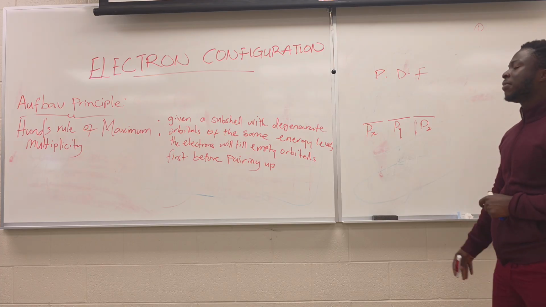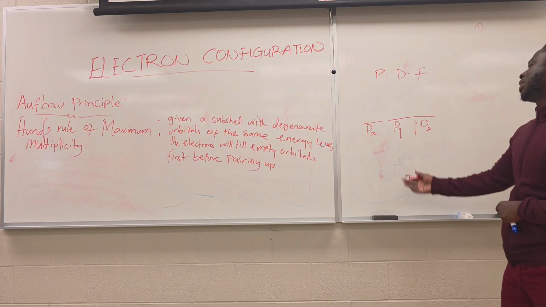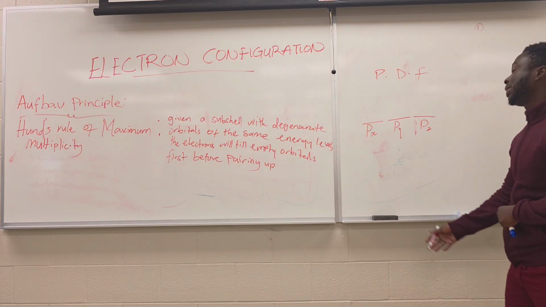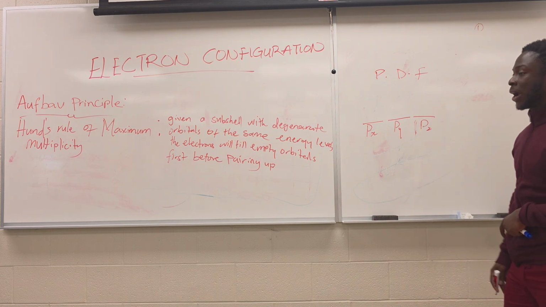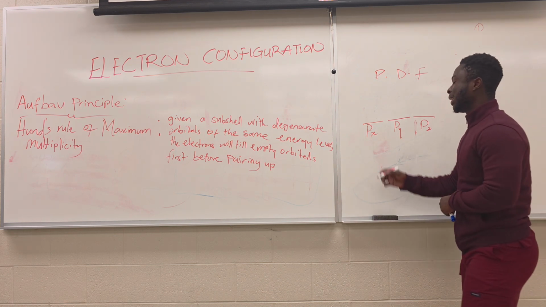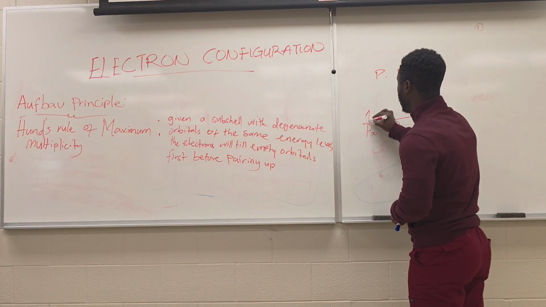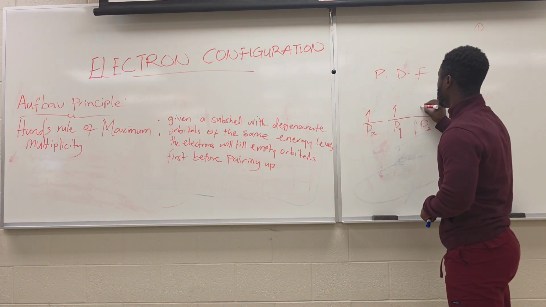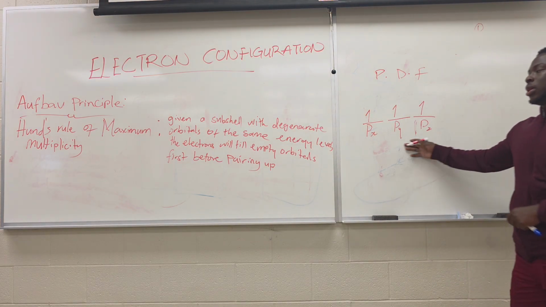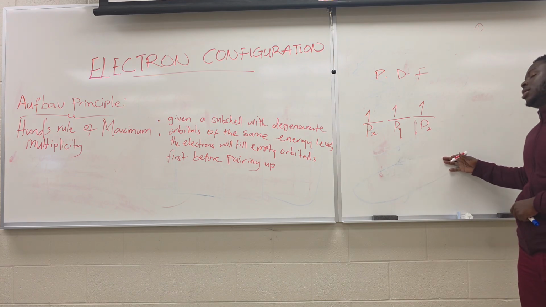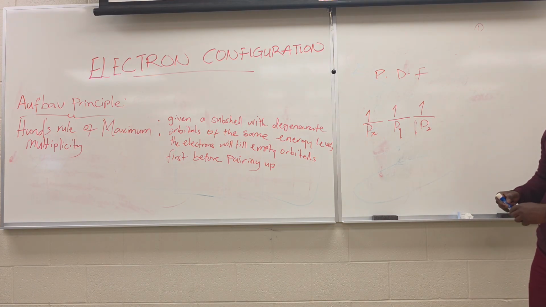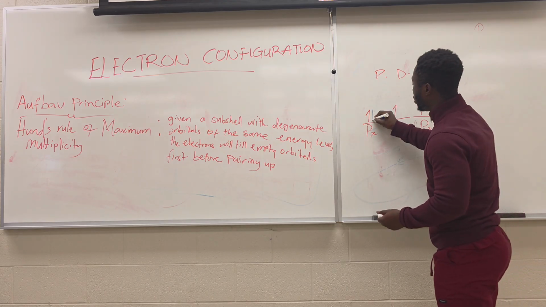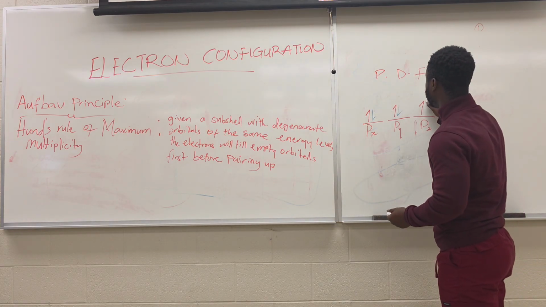So let's say you have 7 or 8 electrons left to fill in an atom. What they will do is fill up like this, 1, 2, 3, empty seats first, before they start to pair up like that.